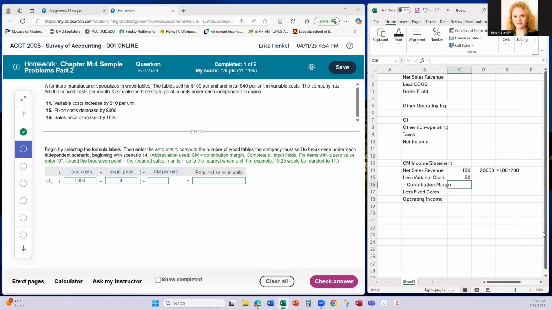That would give us a contribution margin per unit of $50, so 100 minus 50 is 50. So our costs went from $40 to $50. That means that if we have $6,000 in fixed costs and a target profit of 0, we take 6,000 divided by 50, and that tells us we need to sell 120 units here, okay?